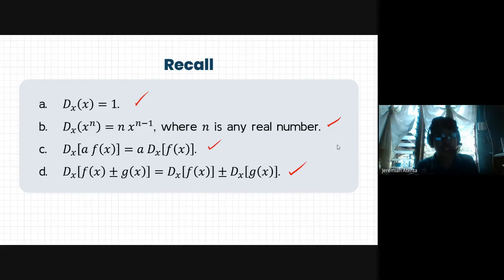Now, sir, marami tayong rules sa differentiation. Like we have the product rule, we have the division, no, the quotient rule, okay, and whatnot. So from that, take note for differentiation, we have the product and the quotient. However, for the integral, it is not the case. Walang product rule doon, walang differentiation rules.